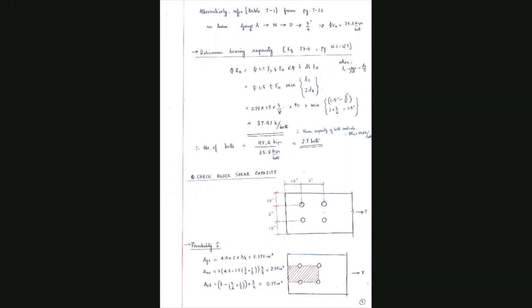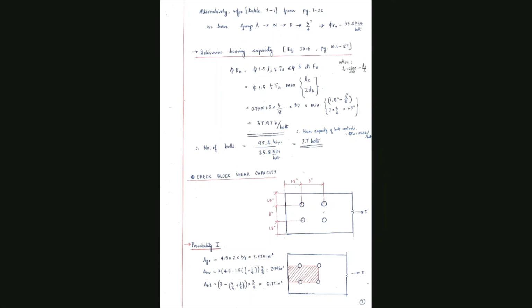We substitute it here. We find the number of bolts by the capacity of the tension member divided by the capacity of one bolt. So we require 2.7 bolts. Now, once we have done this, we have to check.